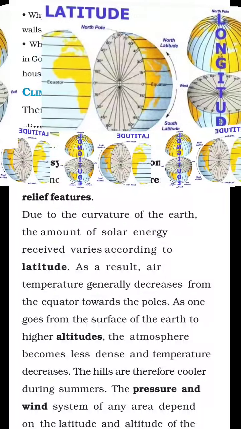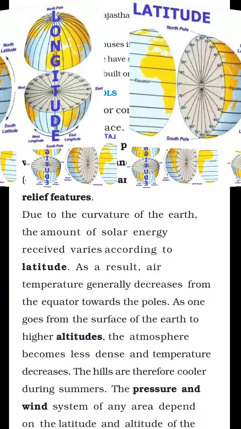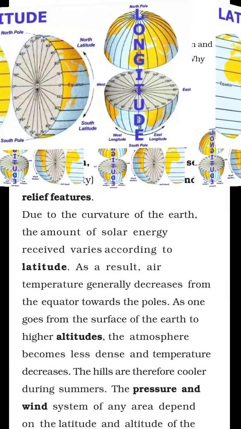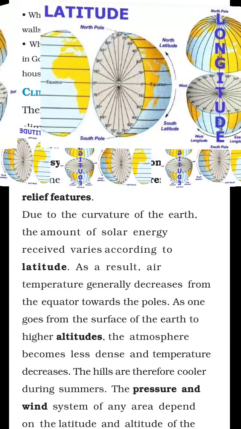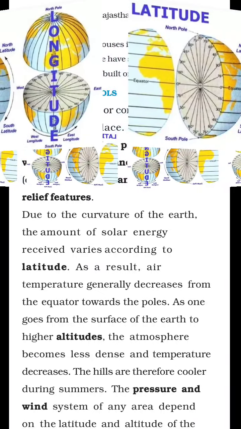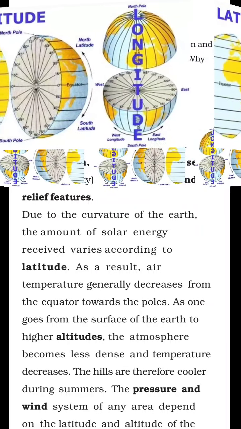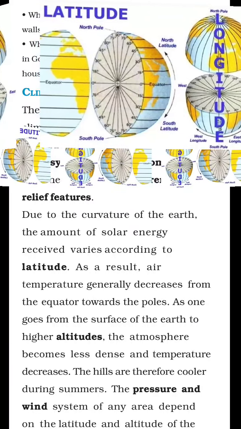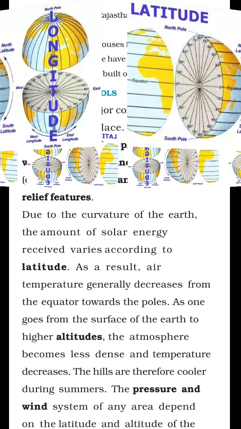You all know that we have imaginary lines called longitudinal lines and latitudinal lines. Earth is a spherical, round structure. At the pole area the solar radiation is very less, but at the equator zone the solar radiation is very high, or we can say the photoperiod is longer.